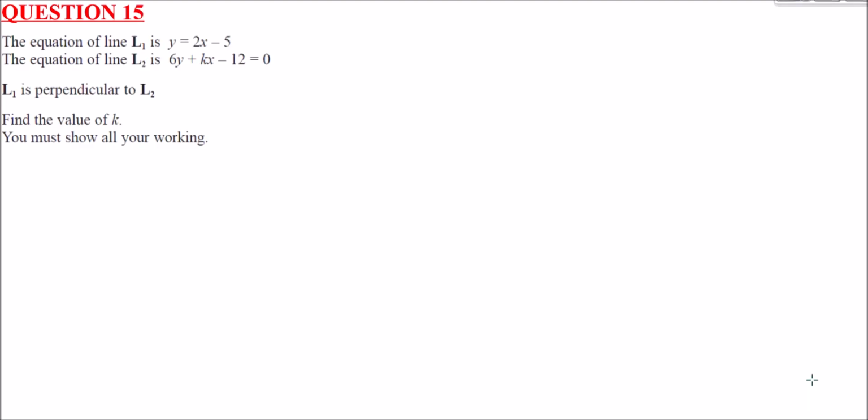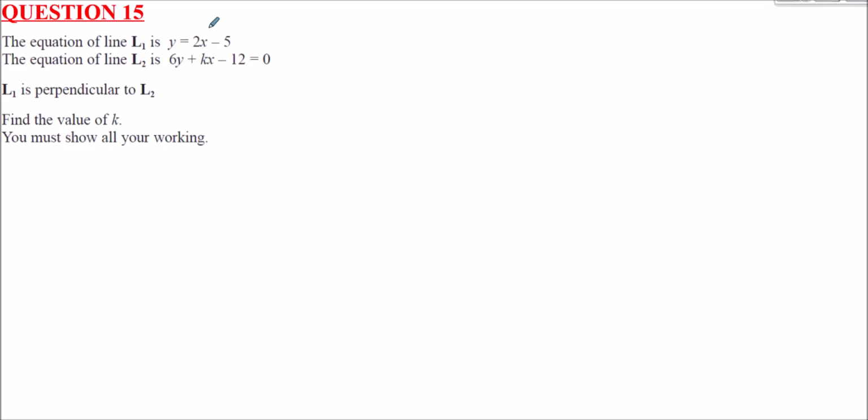Question 15, we have an equation of line L1, which is y equals 2x minus 5, and then the equation of line 2, L2, is 6y plus kx minus 12 equals 0. So this line L1 is in the form y equals mx plus c. So that's the best form of a straight line, especially for GCSE, sometimes even A-level.